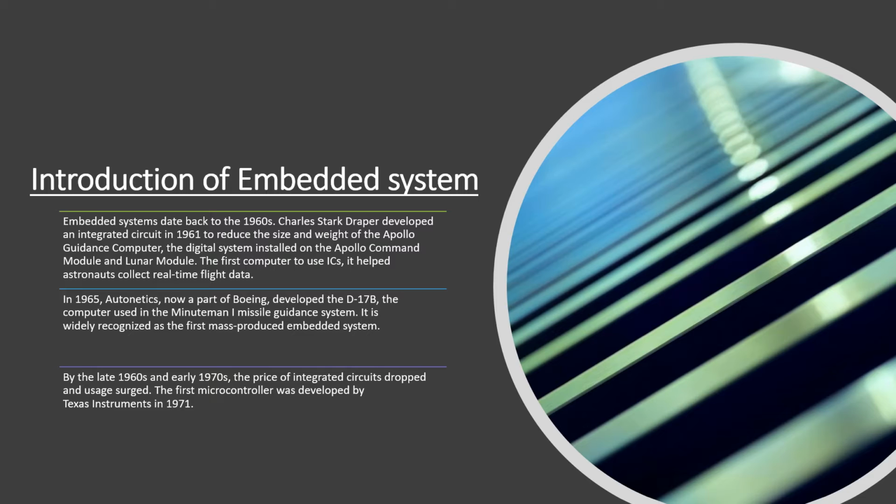It was developed in the D17B lab, used by Monument in the missile guidance system, where it played a major role in guiding small parts. By the late 1960s and 1970s, a circuit was developed and it was improved in 1971 by Texas Instruments.